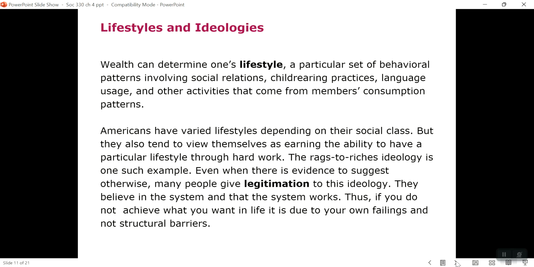But this gives legitimation to that ideology, that way of thinking that if you do these things, then you will be materially successful. Of course, the opposite end of that spectrum is what people believe as well, that if you don't do all the things you're supposed to do, then it's because you just didn't work hard enough, or you didn't try hard enough, or you didn't go to school, it's all your fault if you're not materially successful, which is not necessarily the case.